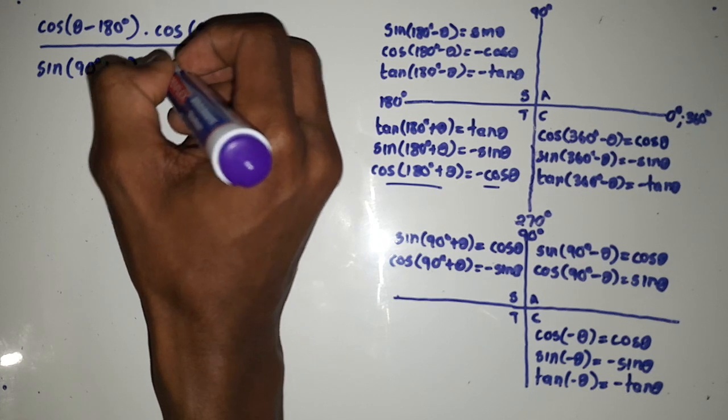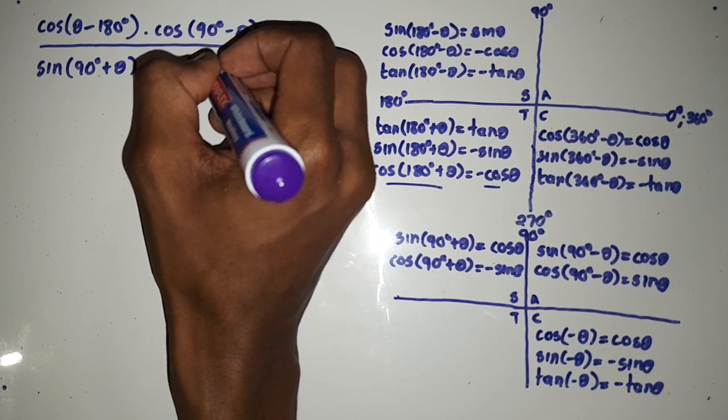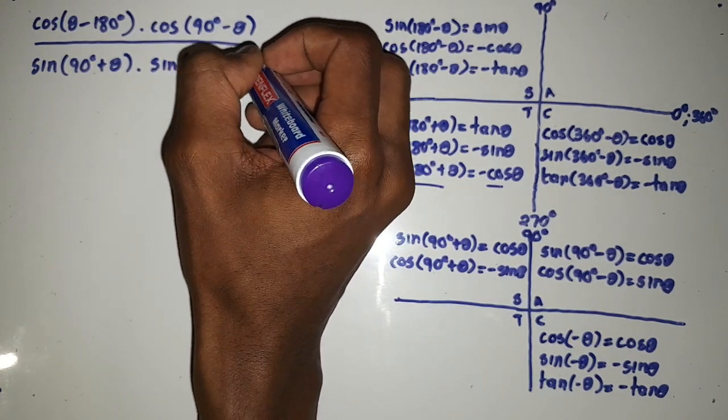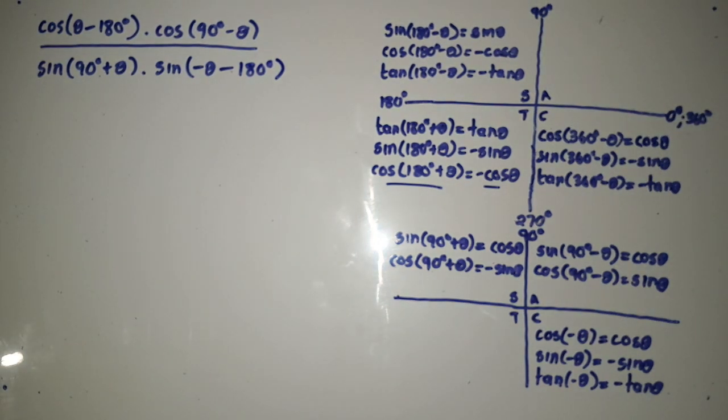Then on this one I have sine(negative theta minus 180 degrees). How would you solve this problem?